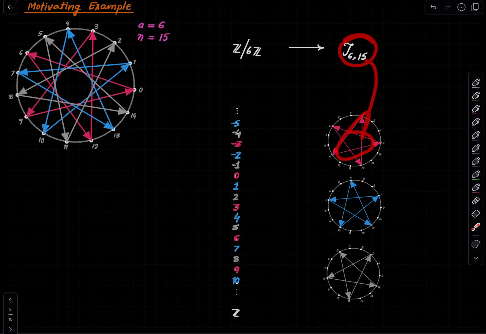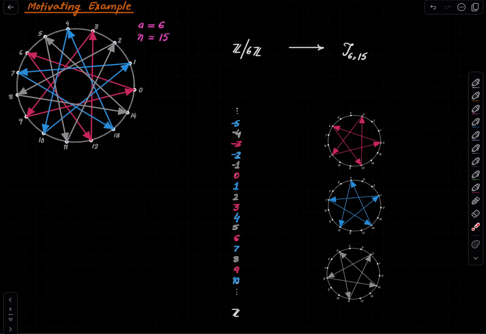I'm just saying this is the set of all the trajectories, but there are only 3 trajectories, and those 3 things are what this set contains. So there is a function from Z mod 6Z to this set that we obtain by the factoring property, because of the periodicity of this color function. We get such a map.